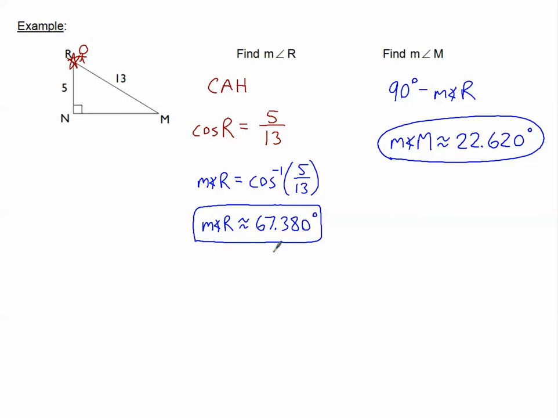Once you find one of the angles, you can simply subtract it from 90 degrees to find the other angle. So this is how we use inverse trig to find our missing angles.